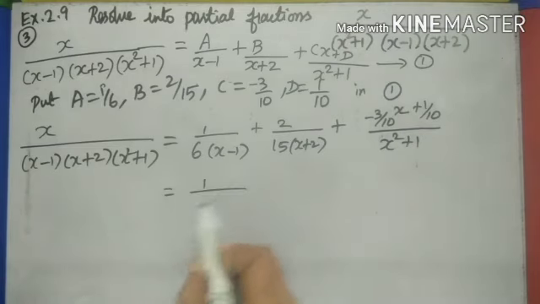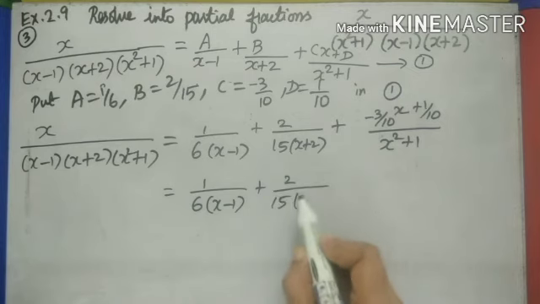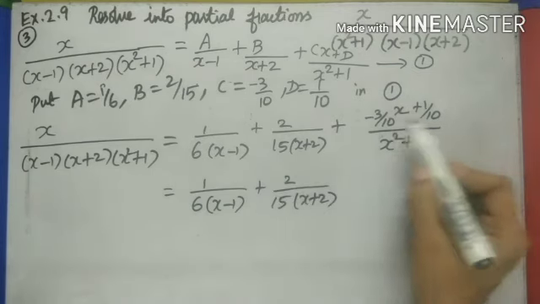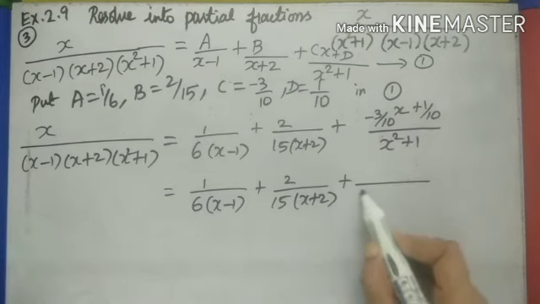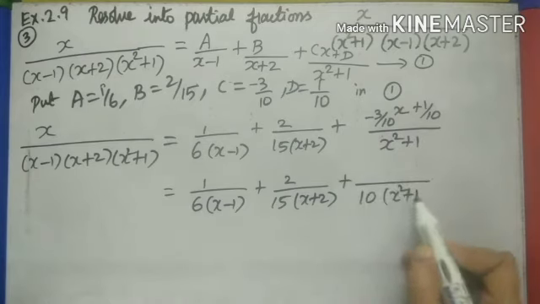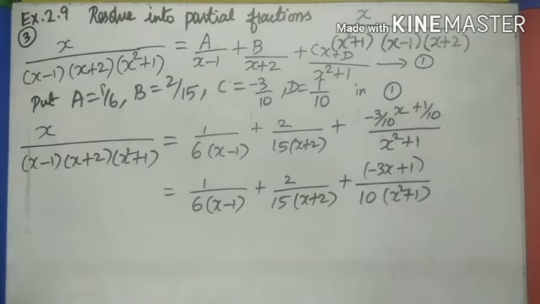This is 1 by 6 (x minus 1), 2 by 15 (x plus 2). In both the terms 10 is common, bring it down. So divided by 10 (x square plus 1). In the numerator, minus 3x plus 1. So that is the answer.